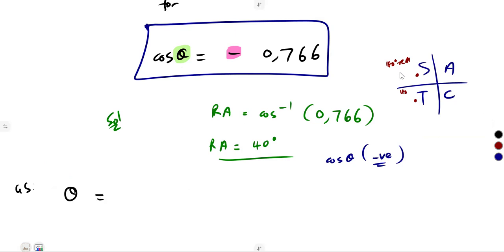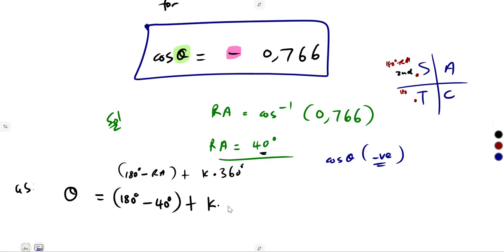The first solution in the second quadrant is 180 degrees minus the reference angle, plus k times 360, the period of the graph of cos. Remember, our reference angle is 40 degrees. So it's 180 degrees minus 40 degrees plus k times 360 degrees, k being an integer.